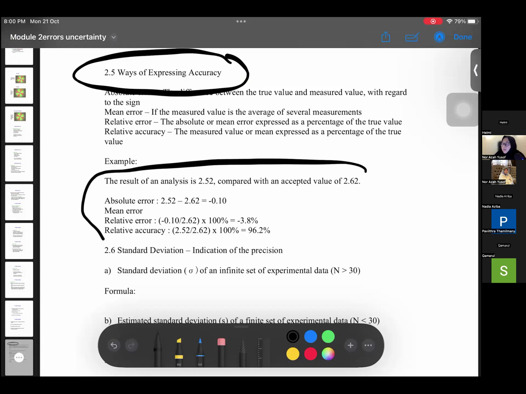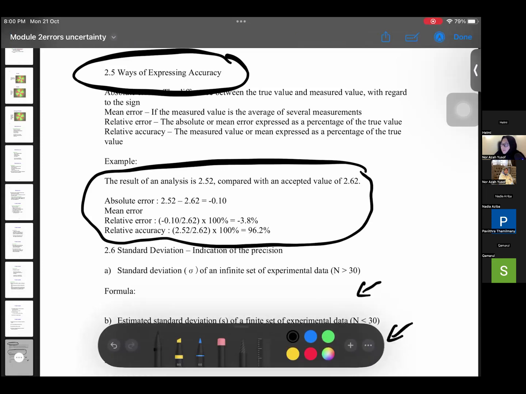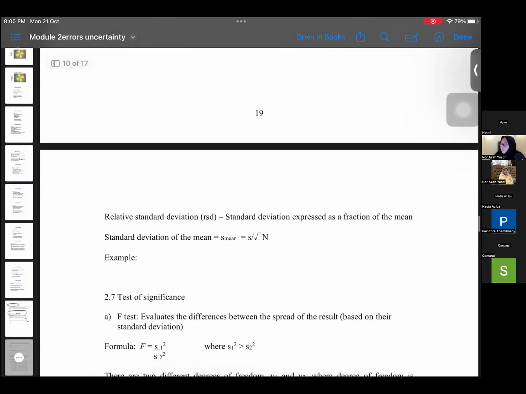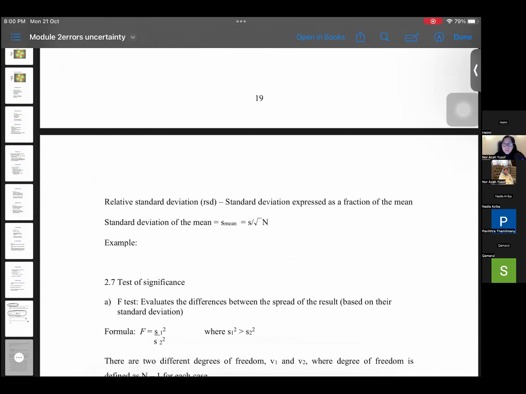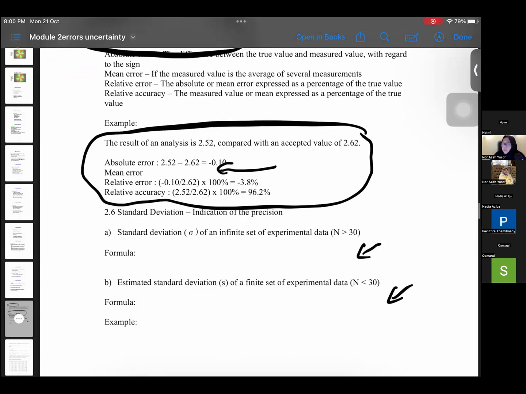These are all the formulas, and for those that are empty, please fill them up by yourself. Let's move to standard deviation. We know standard deviation represents precision, whereas the mean represents accuracy.